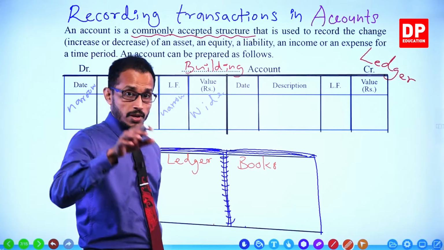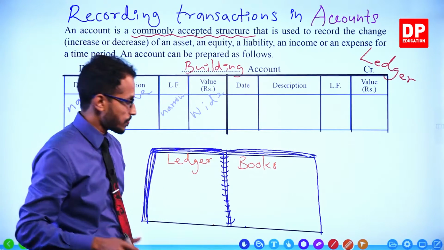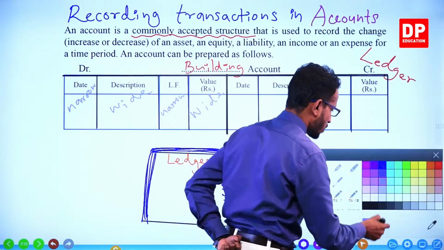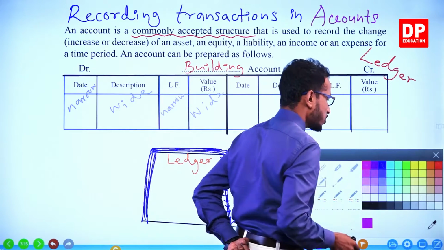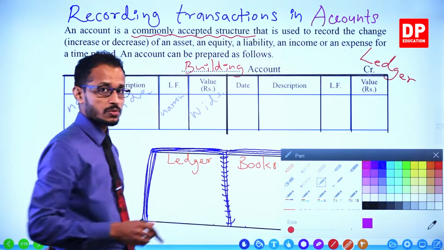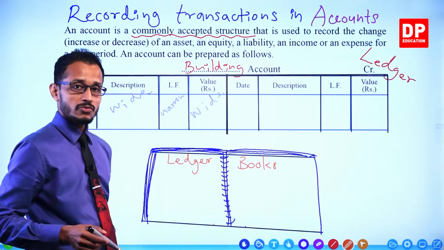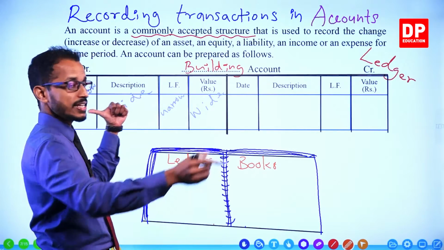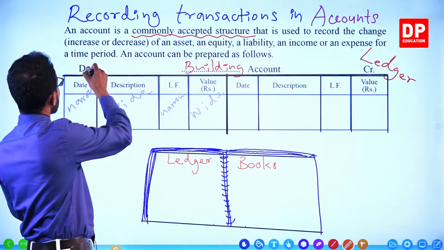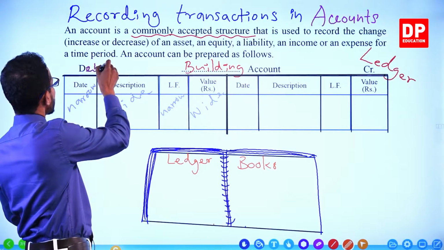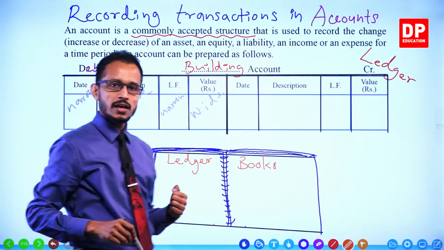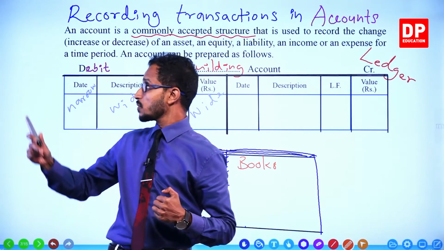But it's not over. We use names for these two sides. We call the left hand side the debit side. Debit. Left hand side is known as the debit side.